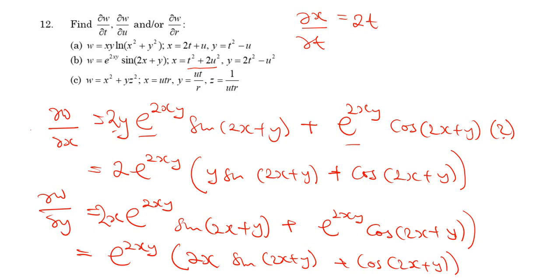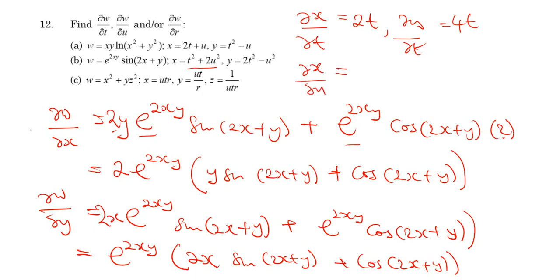Then I have to also get the partial of y with respect to t. I look at my y, t squared is there. I have 2t squared, so 2 by the 2 gives me 4. Reduce the power, I remain with 4t. Of course, because further on I'm finding also for u, so I need to get readily the partial of x with respect to u.